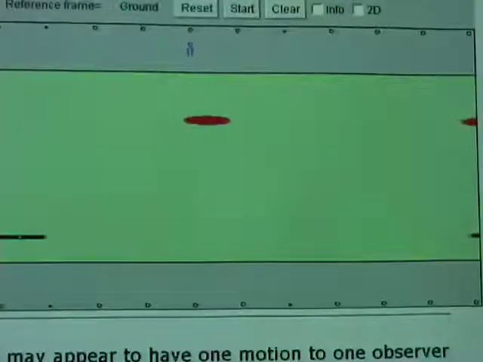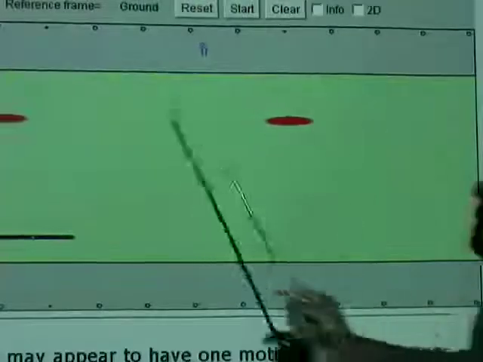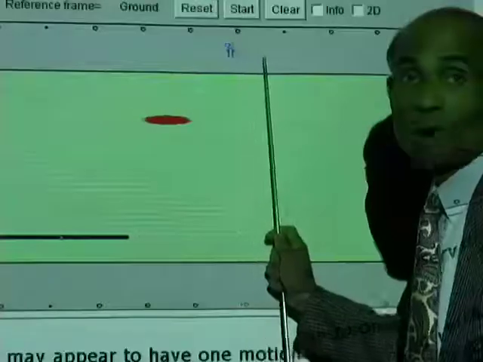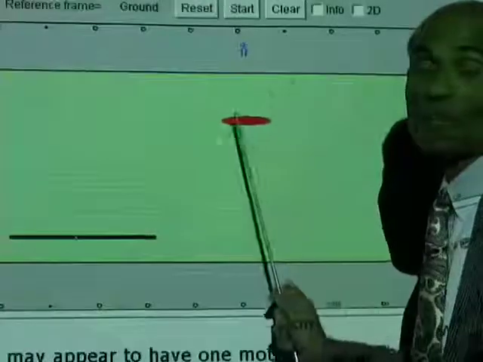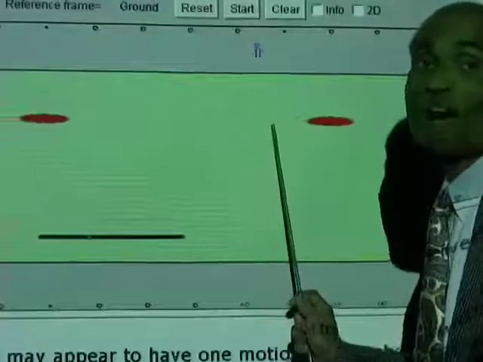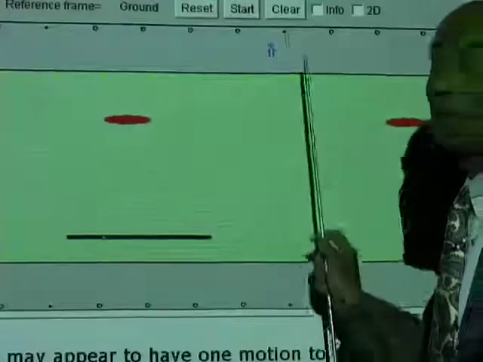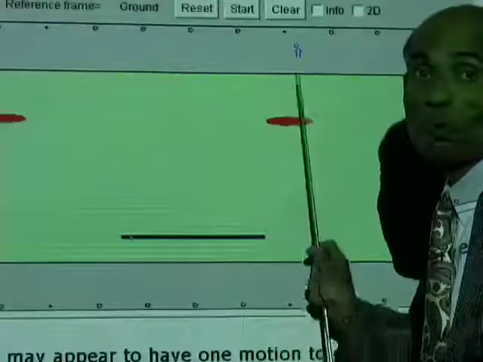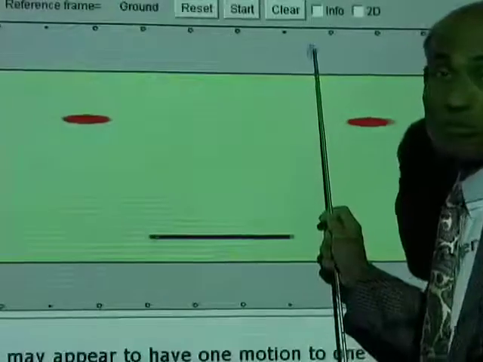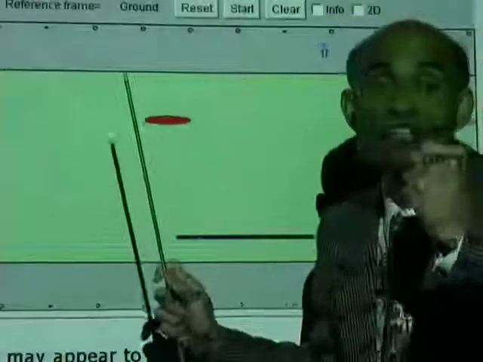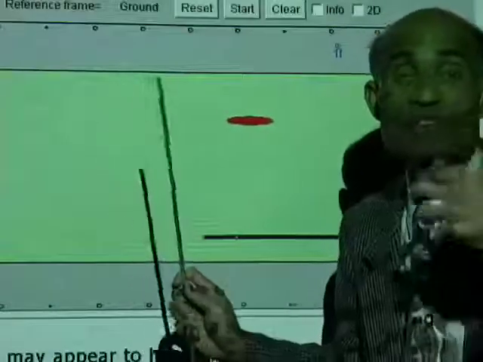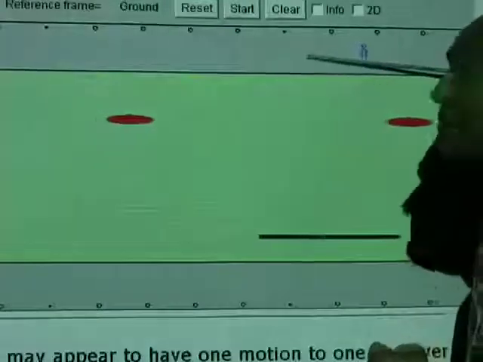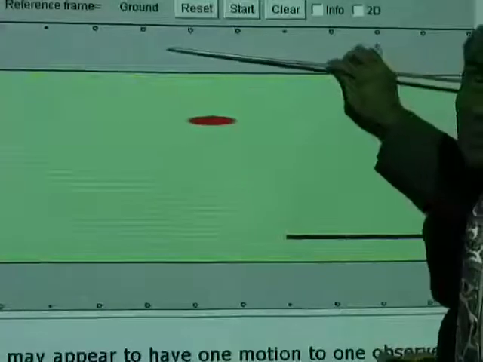Alright, now tell me again. When we observe from outside, what is the velocity of the man? 1 meter per second i. What is the velocity of the boat? 5 meters per second i. Now I want to find the relative velocity of the boat with respect to the man. That means the man is now the frame of reference. So bring the man to a stop by applying 1 meter per second in the opposite direction.